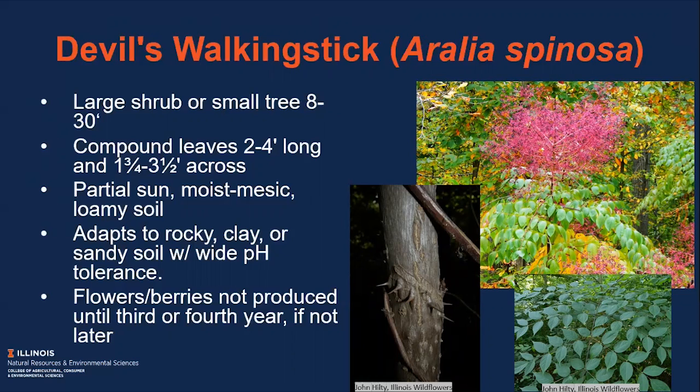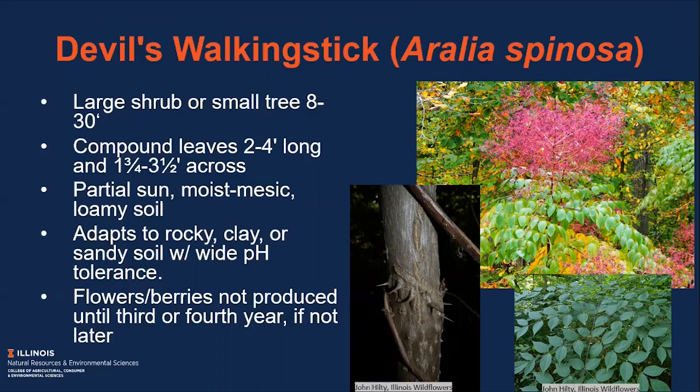It has these spines growing off of the stems, hence the common name devil's walking stick. And then has these really enormous compound leaves that can be 2 to 4 foot long and 1 to 3.5 foot across. And that's a single leaf there pictured in the bottom right.